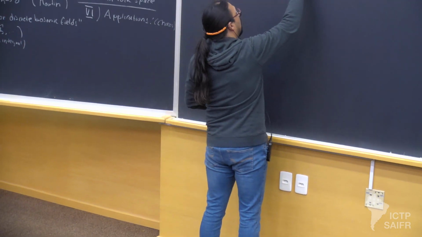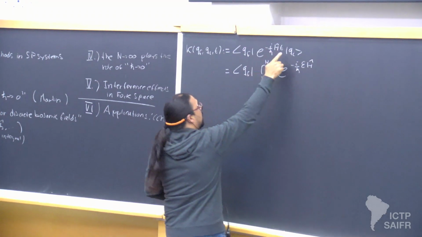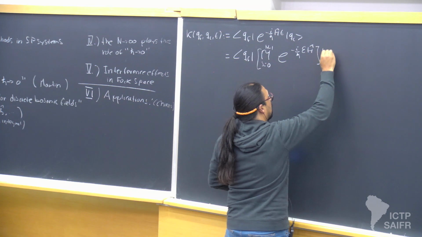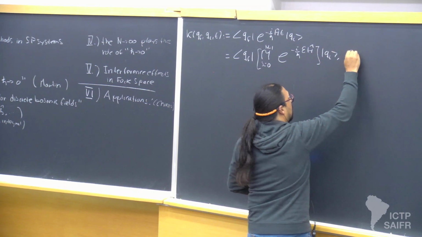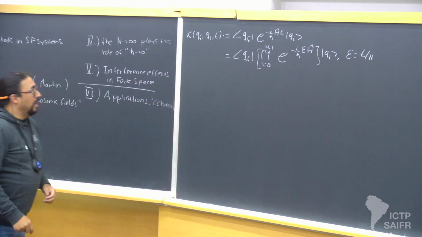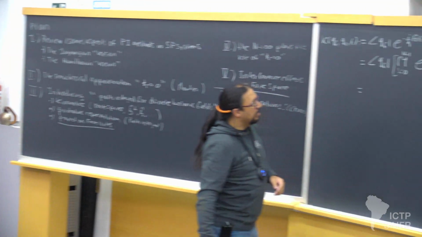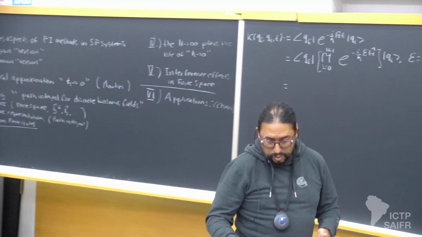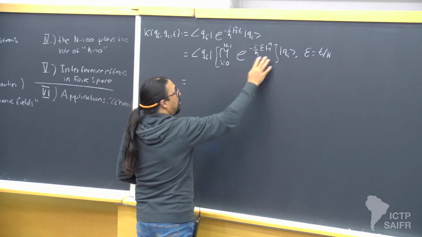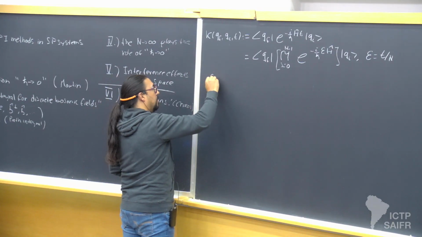So first, I will split this object in n pieces. I'm doing nothing there. This is an exact step. And then what I'm going to do is consider the behavior of this quantity for a very particular type of Hamiltonian.